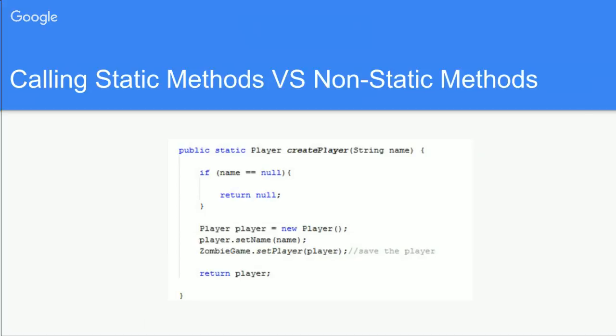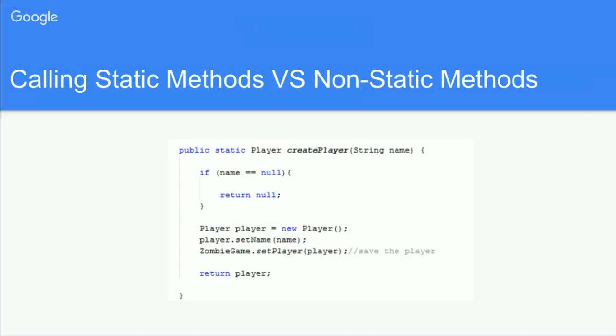This is an example in our code of these two very similar but different things. If you look at this create player class toward the bottom, there's a static method being called at the bottom, and then there's a constructor, a non-static method called just above it.